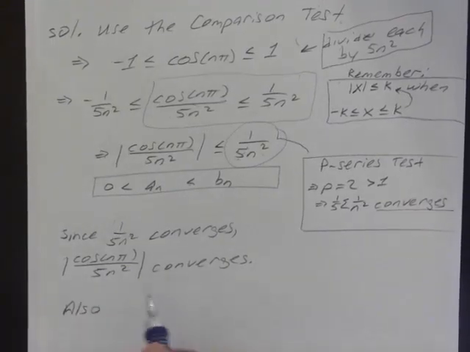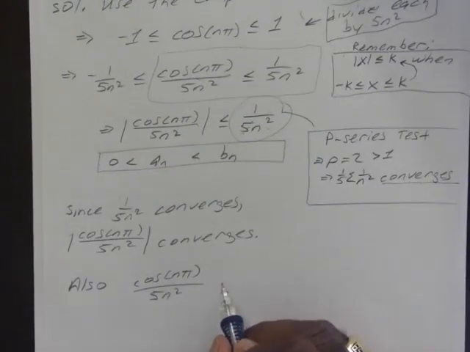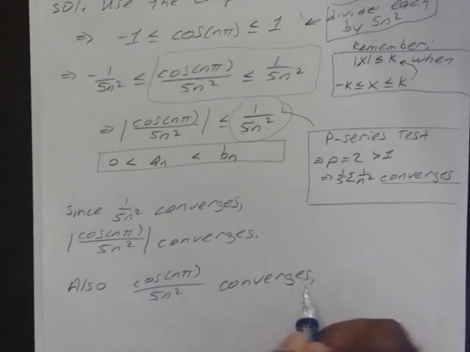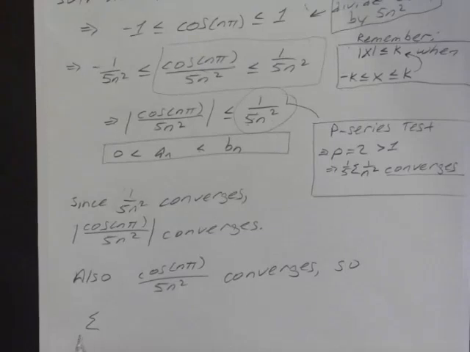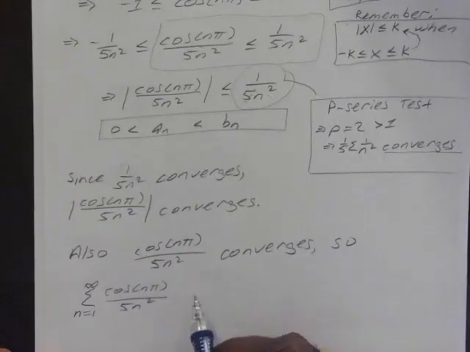So we know also cosine of n pi divided by 5n squared also converges. So we know the sum from n equals 1 to infinity, cosine of n pi divided by 5n squared converges absolutely.